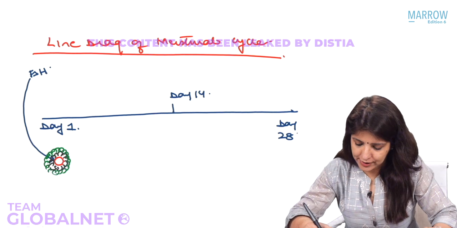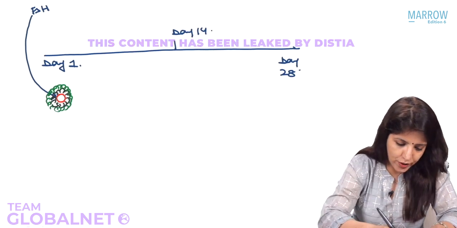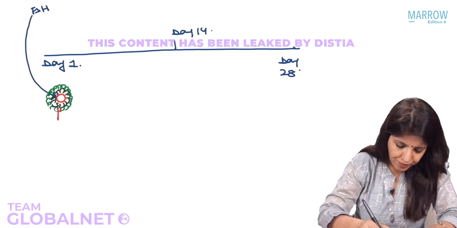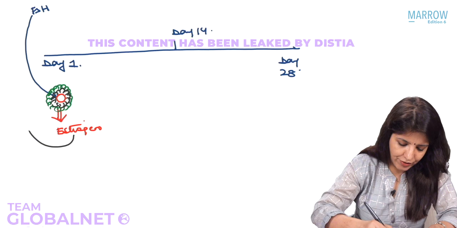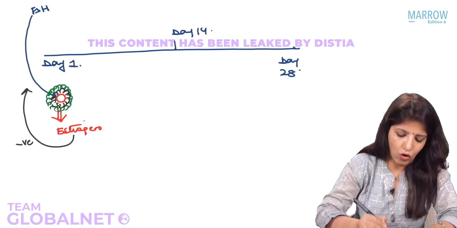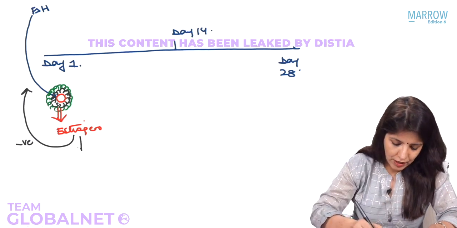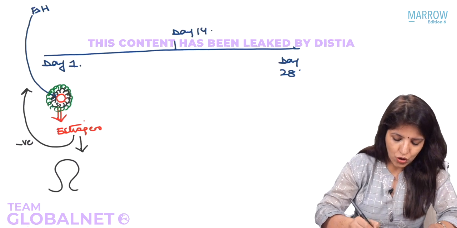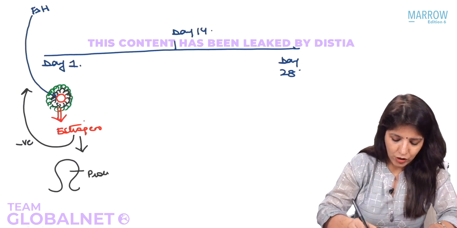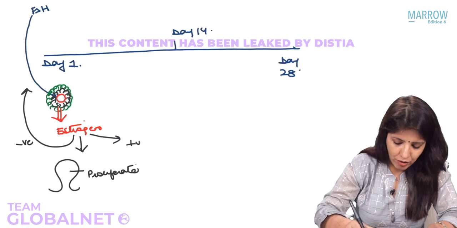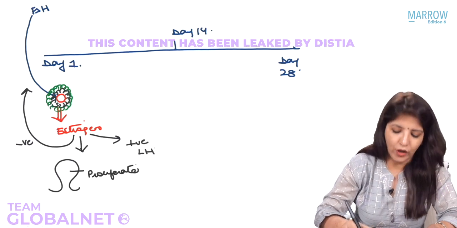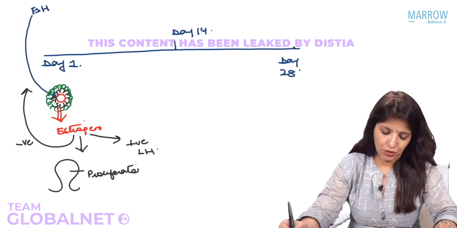From the granulosa cells, FSH is going to release estrogen. This estrogen will have a negative feedback on FSH. It will act on the uterine endometrium and proliferate it. And it will have a positive feedback on LH, right?